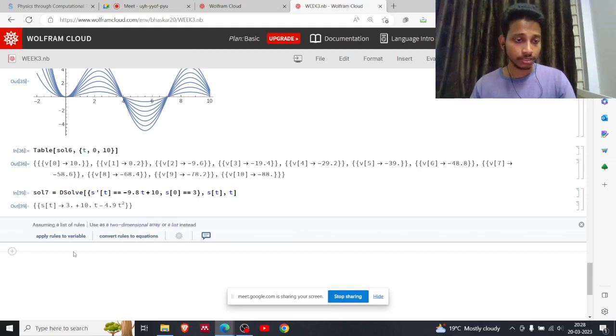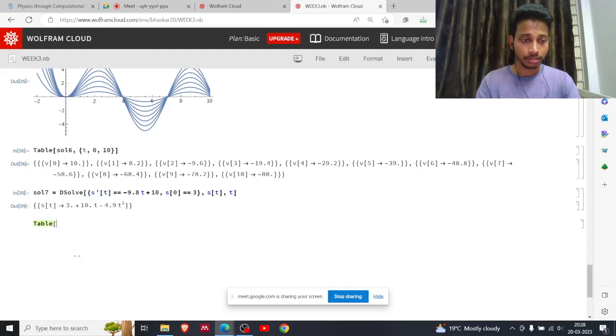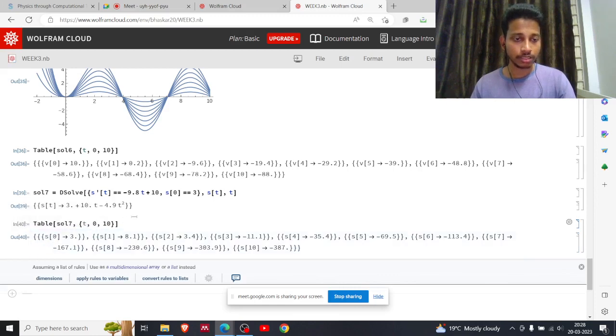Now again we can do the same thing with the displacement, that is we can create a table, t 0 to 10. So here you can see that initially the position was s equal to 3, then s1 is 8.1 and s2 is 3.4, s3 is minus 11.1.